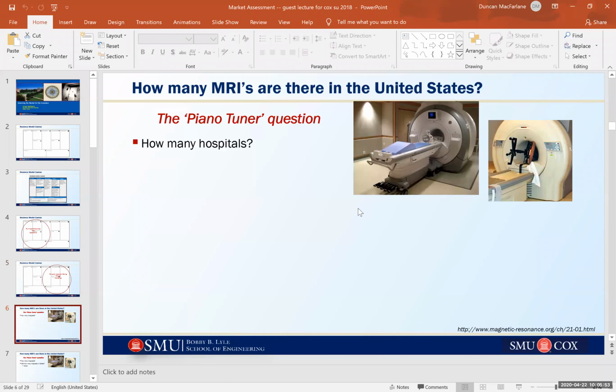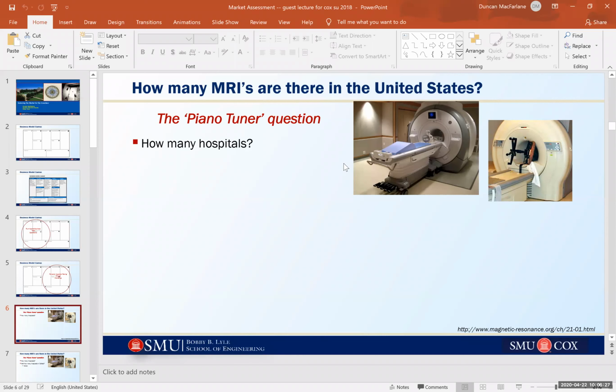So here's a question. Here's a project that I was involved in a few years ago. It was an invention, and the product had to do with medical imaging and an add-on for medical imaging. I won't go too much into this other than to say that in order to scope out the market, to see how big it is, if you're going to restrict yourself exactly to MRIs, the first question is how many MRIs are there in the United States?